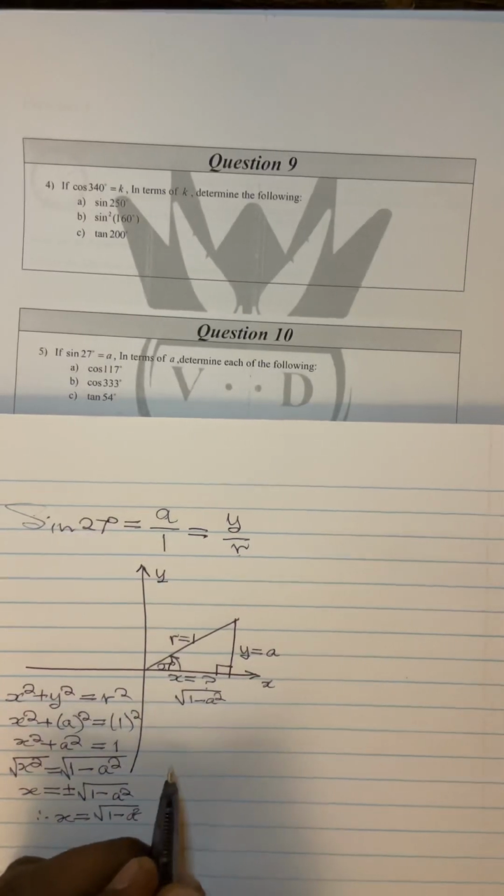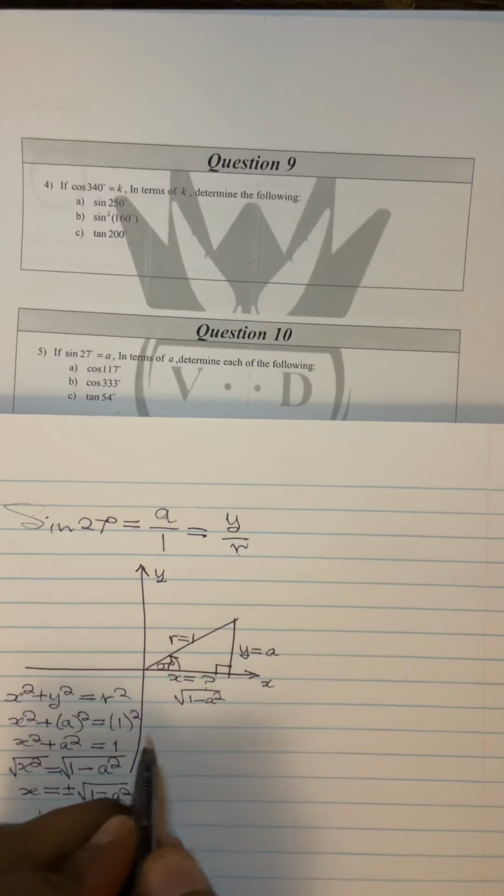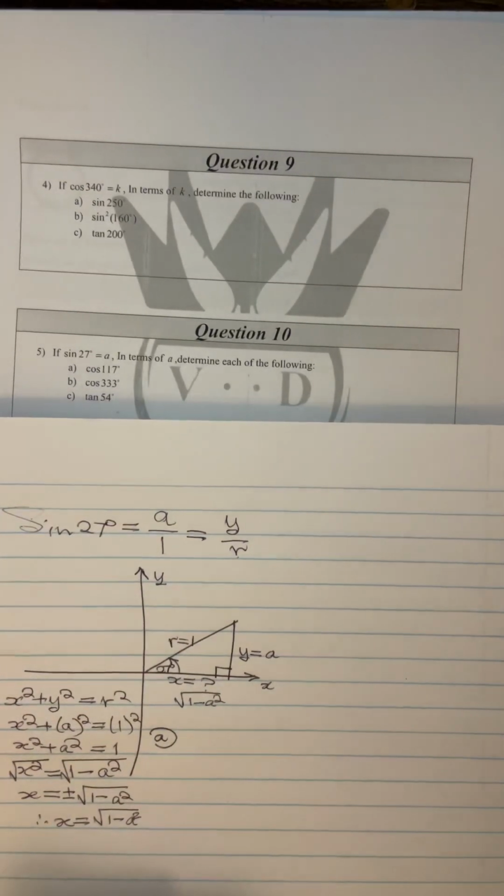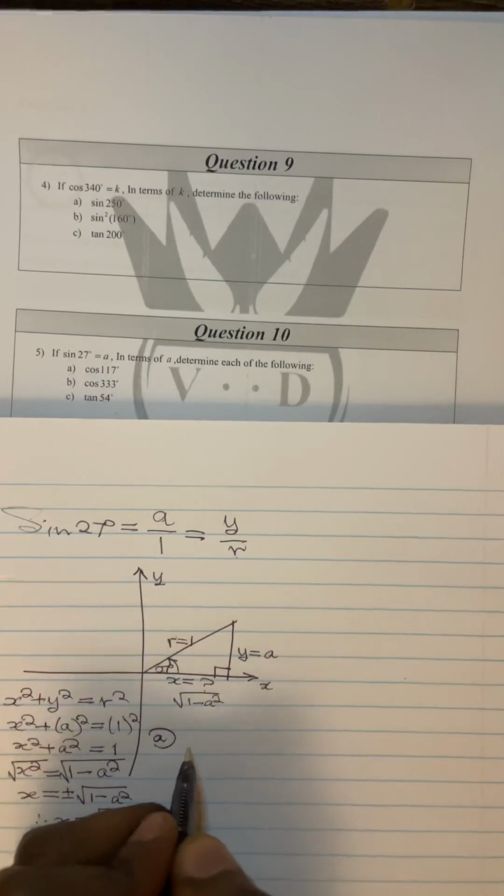Let's start. So for a, we are asked to calculate the cos of 117.